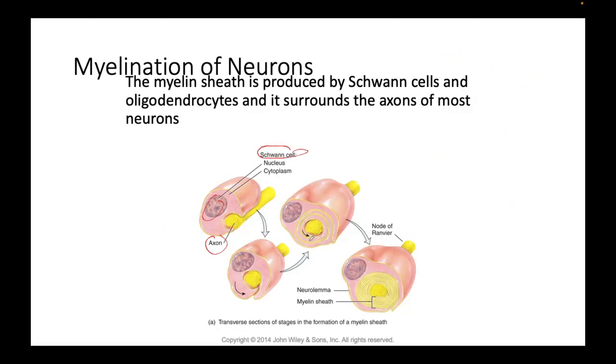It's going to keep making a circle, till eventually we have this nice layer of insulation wrapping all around it. That's the myelin sheath. Okay, and the node of Ranvier is that gap in the space between the next Schwann cell.